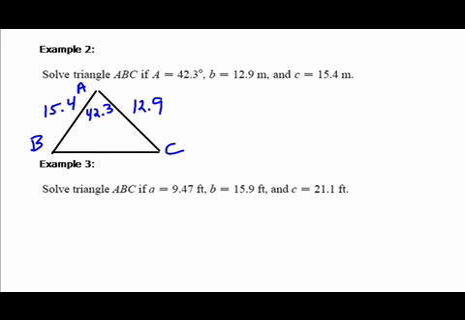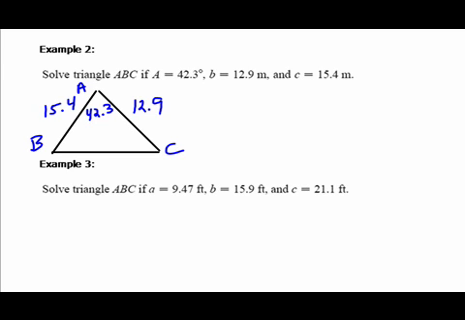And again, as I stare at that triangle, you can see that the information I'm starting with is a side angle side situation. I can't use the law of sines with this problem because I only know one angle, and for the sides that I have, I don't know the angles across from them. So I'm kind of stuck, I can't use law of sines.